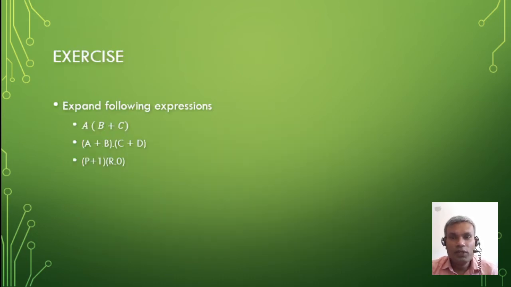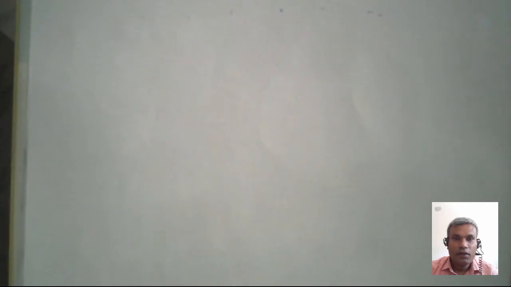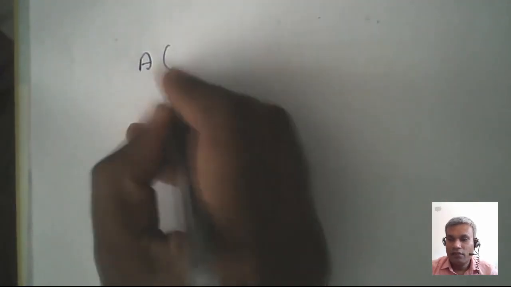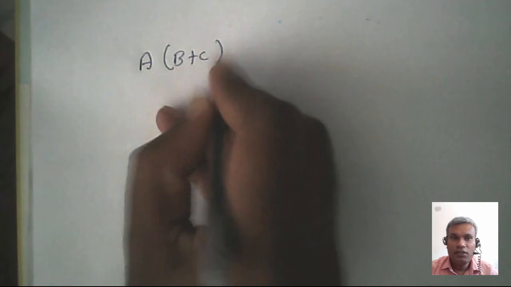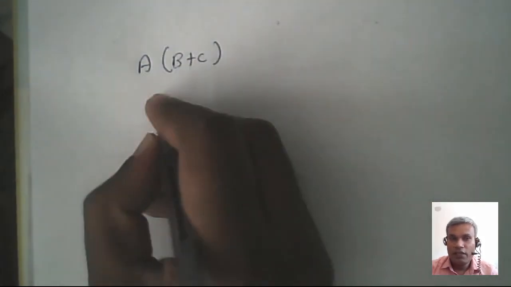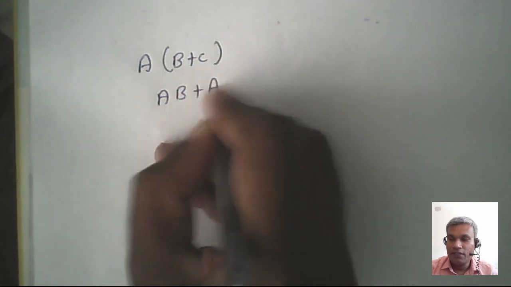So let's do a very small exercise just to warm up ourselves. The first question is to simplify this particular expression: A into B plus C. This is actually for expanding. So you get AB plus AC.